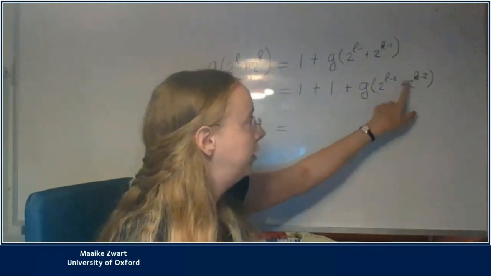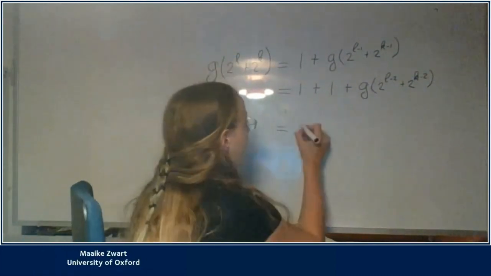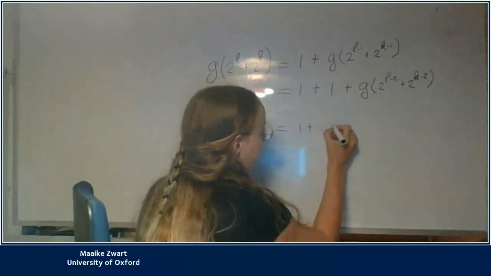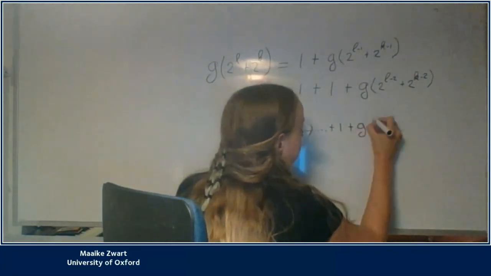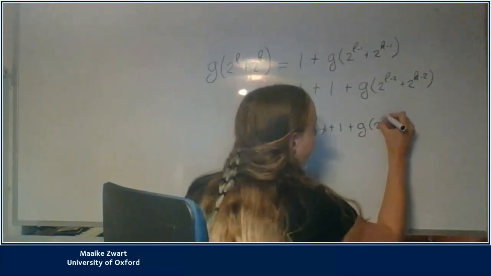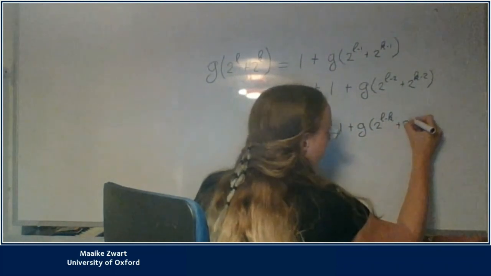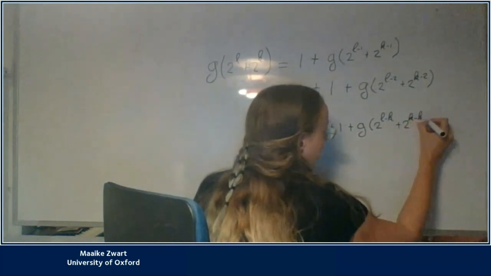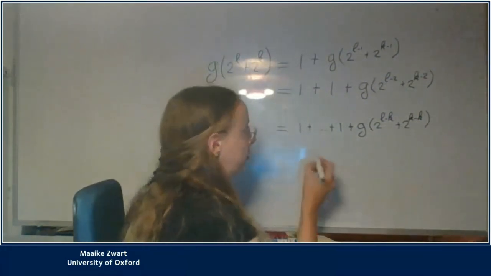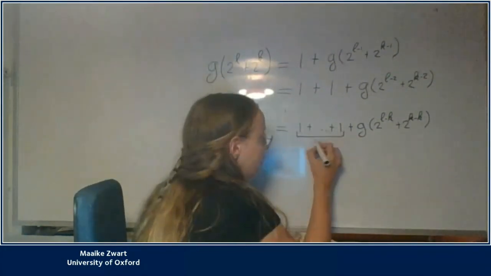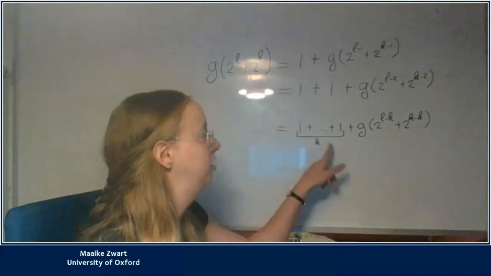And no, because L is bigger than K, but K is going to reach that first. So I have this whole bunch of 1s at the start. And then I'm going to hit g of 2 to the power of L minus K plus 2 to the power of K minus K. And then by our previous reasoning, I already know that these are K 1s. That's what we did in the previous question.